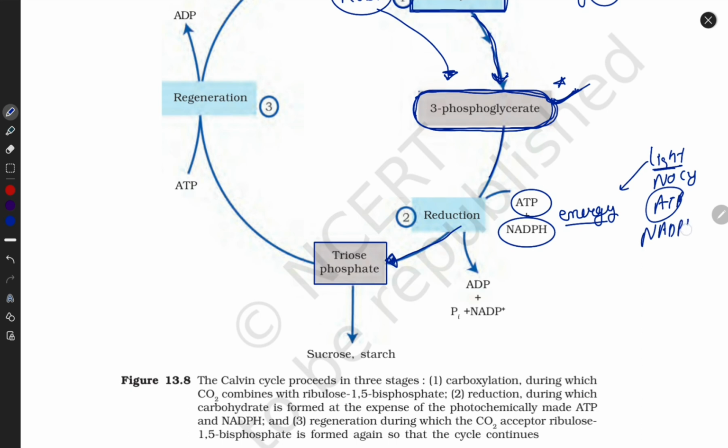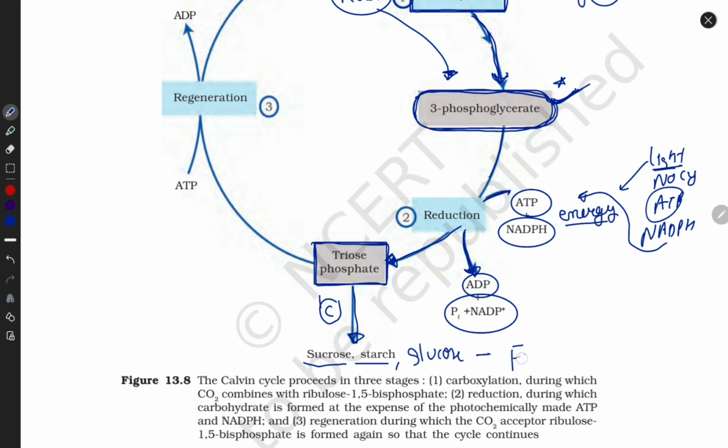So here there is a role of these. They break down into lower energy forms, ADP and NADP. From this form to this form means energy is going. Here triose phosphate gives one carbon, and this one carbon makes sucrose, starch, glucose, meaning food formation starts.